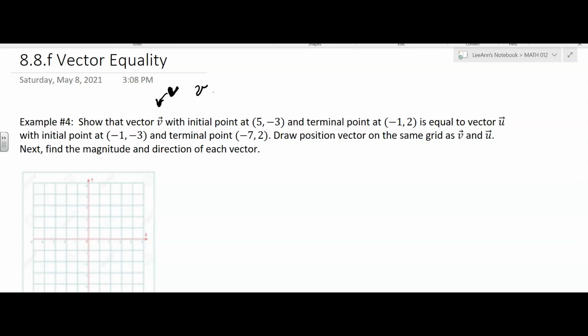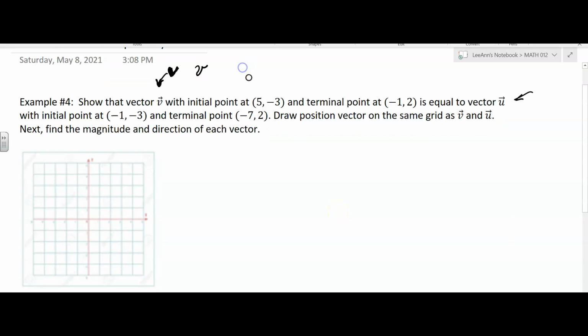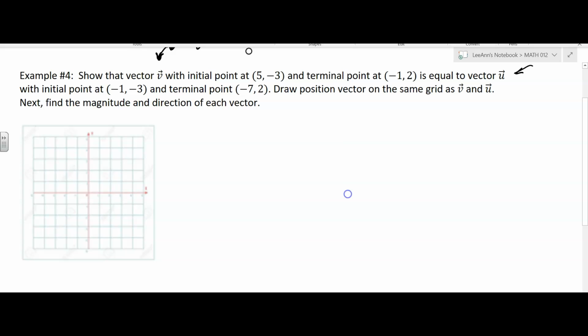Okay, so show the vector v with initial point and terminal point, equal to u, vector u, with initial point and terminal point. Draw a position vector on the same grid as v and u. Next, find the magnitude and direction of each vector. There's a lot going on here, but let's look at the point 5, negative 3.